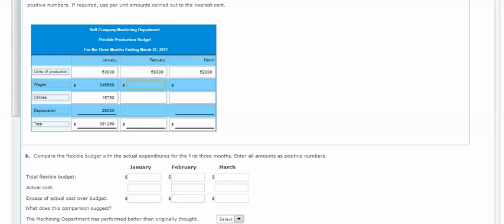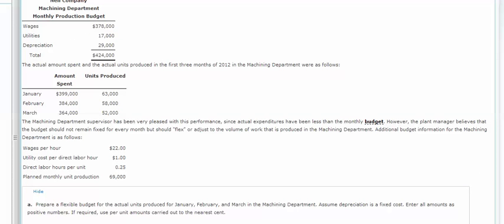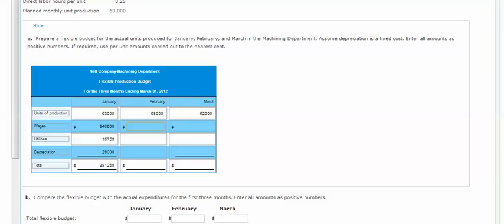Now we can do the same thing for February. In this case, I have 58,000 units. Multiply that times the 0.25, the number of hours per unit. So 58,000 times 0.25. That equals 14,500.